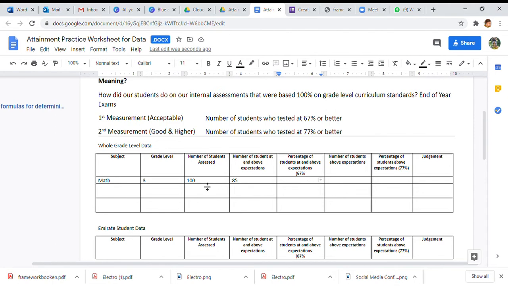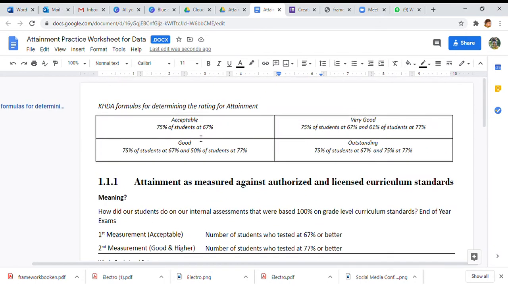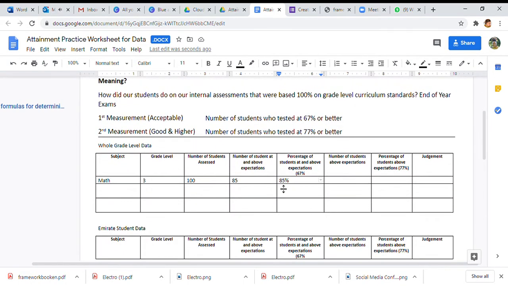Now, this number becomes your fraction, and what percentage is that? Well, in this case, 85% of my students tested at 67% or better. That goes back up to 75% of students at 67%. I've hit acceptable. Now I must go to the next tier.